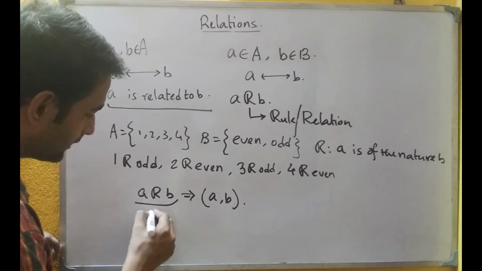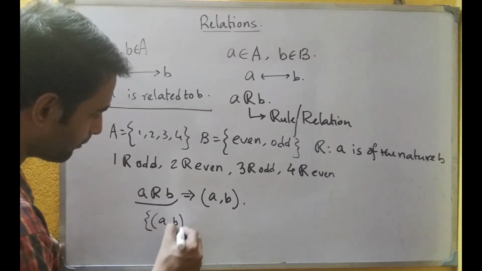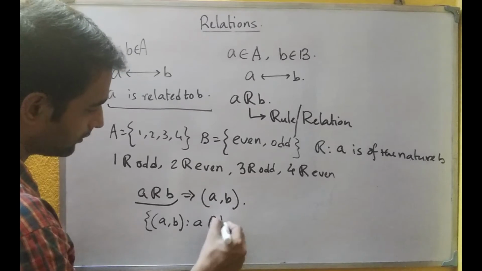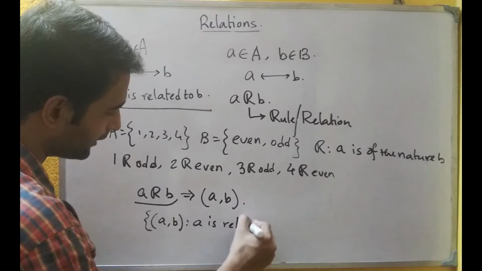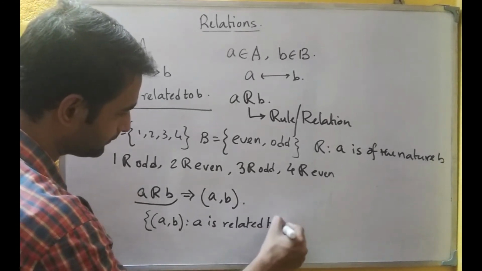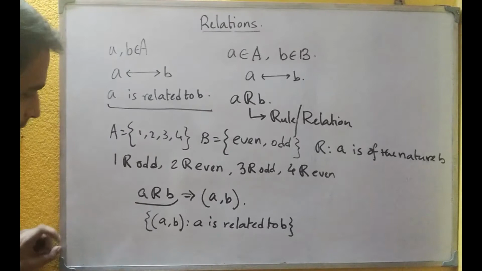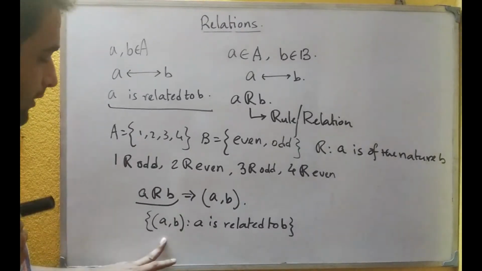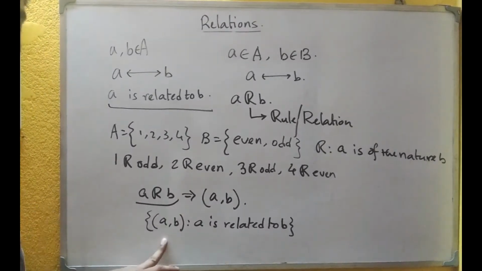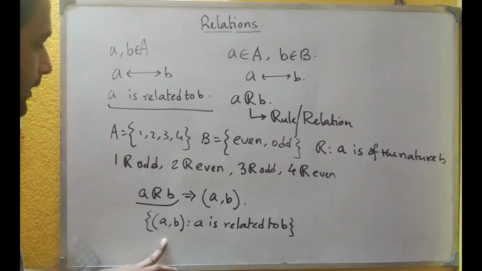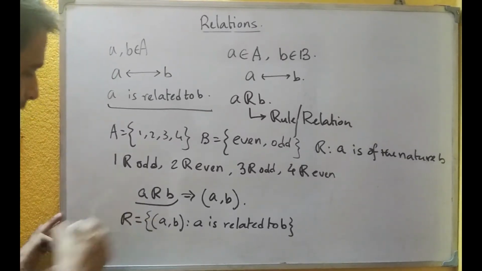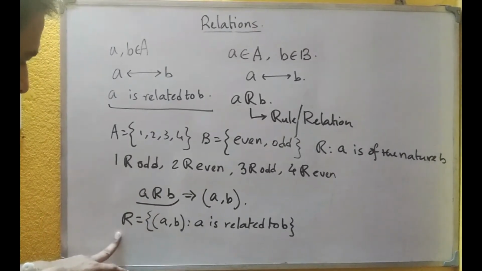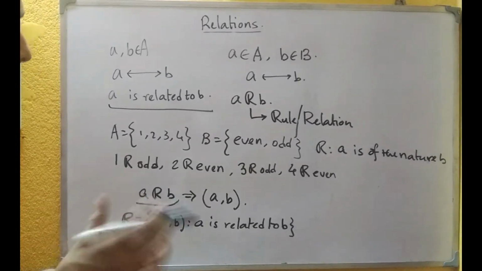And then we will consider the set of all these ordered pairs such that A is related to B. So see, from this set we can see which element is related to which one. Okay? So in this way we can express the relation in the set builder form, and we name the set as R.